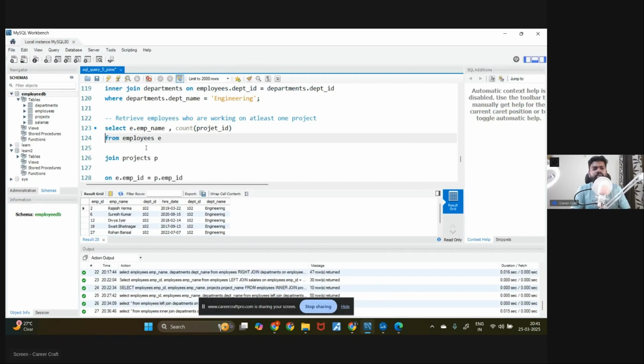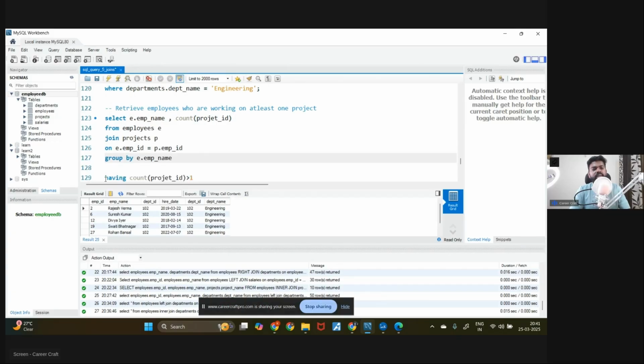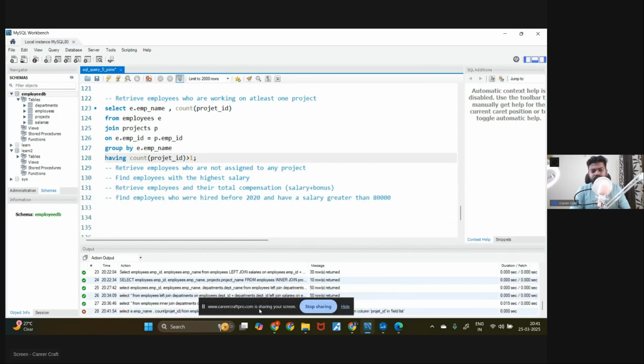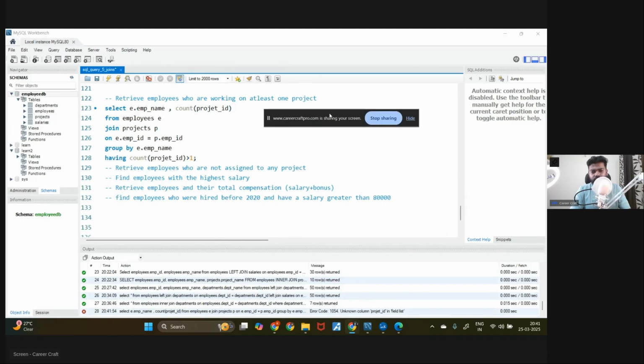Retrieve employees who are working on at least one project. So select e dot employee name, count of project ID, join projects P because in projects we have the information, on e dot employee ID equals to this, group by employee name, and having count is this. It looks correct, right? So just execute. What is the issue? Unknown column project ID. So what is the column name, guys?